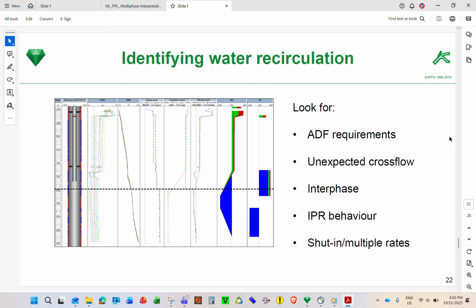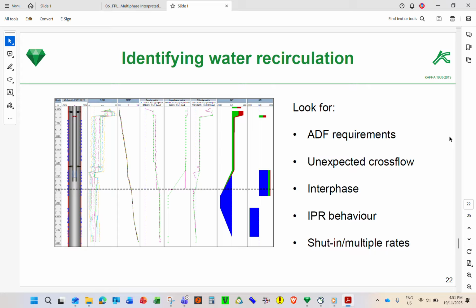IPR. In order to check whether it's real crossflow, real downflow or not, use IPR, or you check with the shut-in. If it is real downflow, then in the shut-in you will see more downflow. If not, then this is just ADF. So you look at the shut-in or different phases.